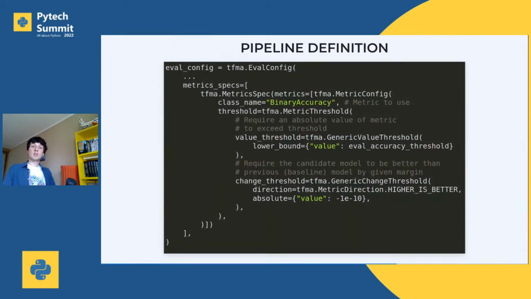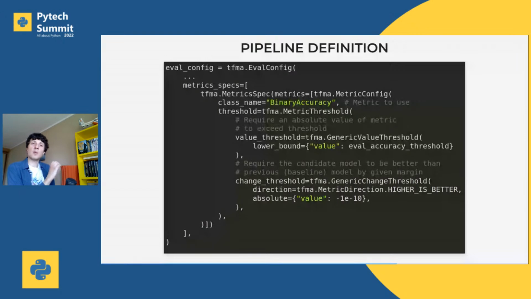Then we configure the metrics that we require of the model. And this is, I think, the best part about TFX, because I can provide all of this stuff declaratively. I just configure here that I'm interested in binary accuracy, and I want this binary accuracy to exceed some static threshold.